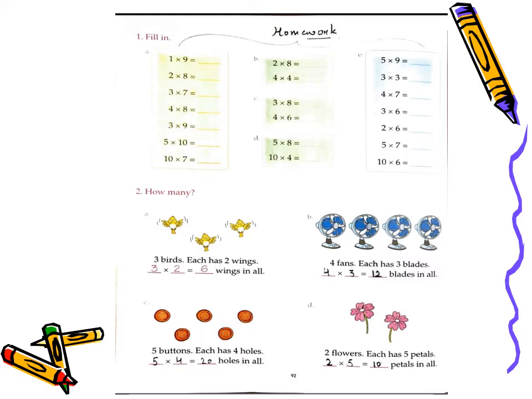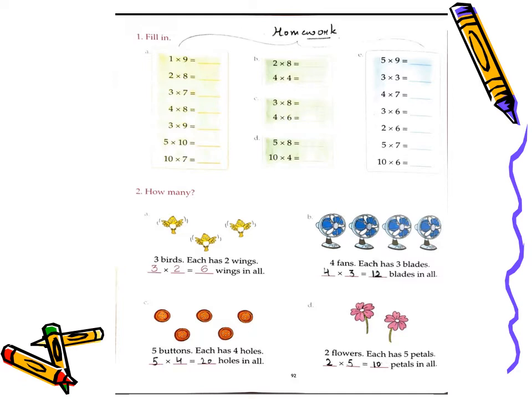Similarly, B part, 4 fans, each has 3 blades. So 4 fans into 3, because 3 blades each. So how many blades in all? 4 into 3, 12. That is the correct answer.